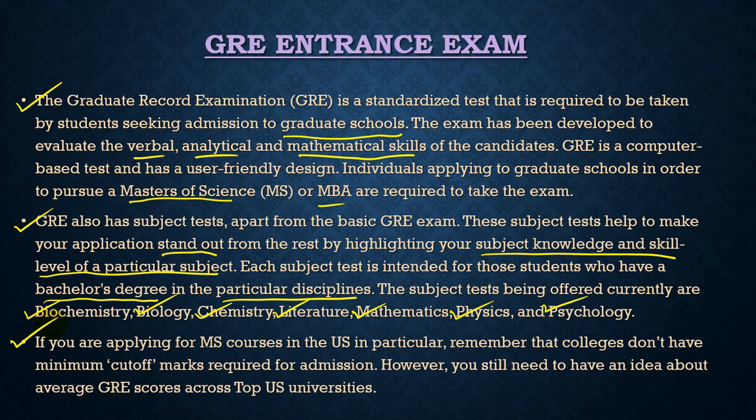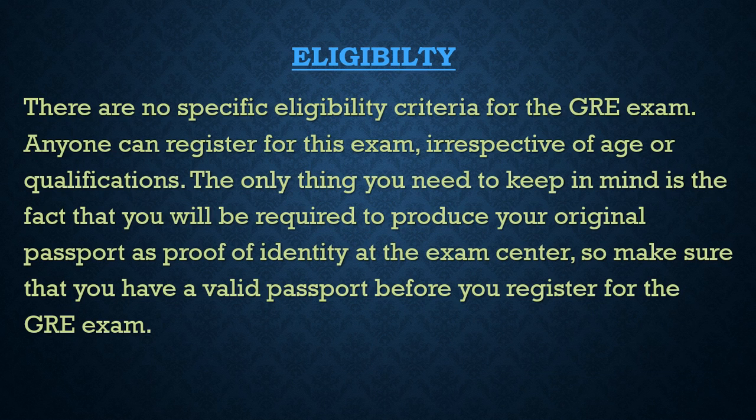But still they take a minimum cutoff, and that is basically at the discretion of the universities. The university site says it all, and they have a page dedicated to the GRE entrance exam and its cutoffs. So you will need to check that.